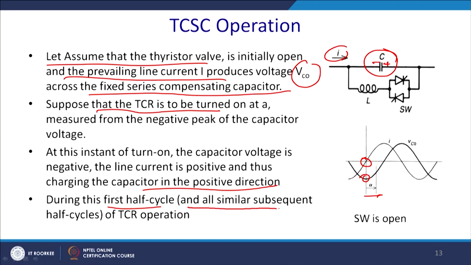So, ultimately you got this. In that moment you have fired the thyristor, and thus it will charge the capacitor in the opposite direction during the first half cycle, and in a similar subsequent half cycle of the TCR operation.